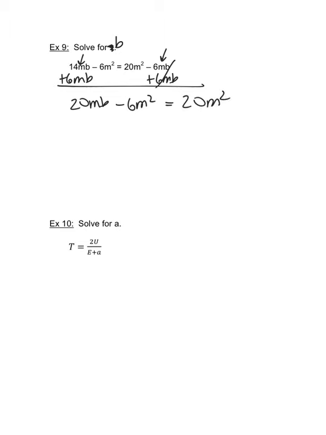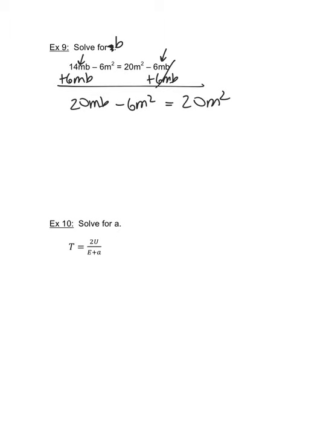Okay, solve for b. So what we're going to do is try to get the b terms together. So I have mb here and mb here. So I'm going to add 6mb to both sides, so I get the b's together on the left. That'll give me 20mb. And then I'm going to bring everything else down. Minus 6m squared equals 20m squared.